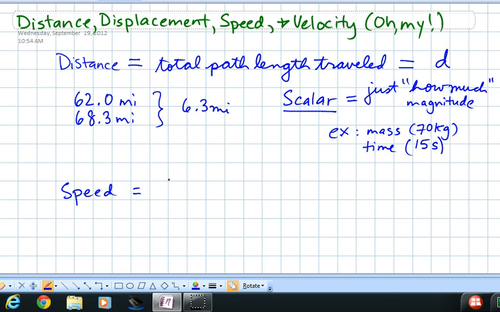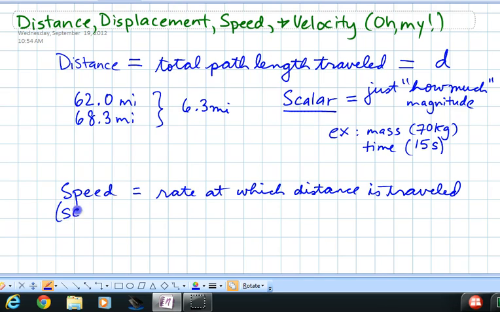Speed is just the rate at which distance is traveled. So it's how fast. Because of this, speed is also a scalar. We could think of it as just simply how fast.